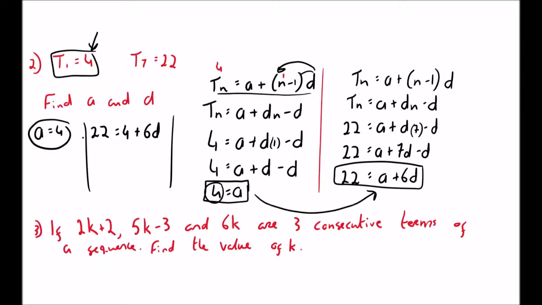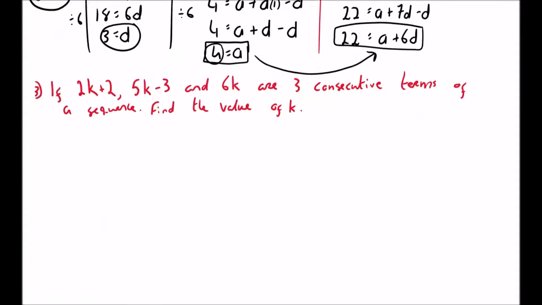If we take 4 from both sides, we get 18. We'll be left with 18 equals 6d. Divide by 6 from both sides, and we'll get 3 equals d, or d equals 3. So d is 3, a is 4.